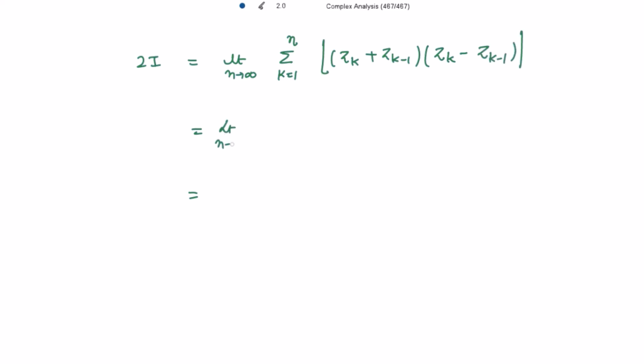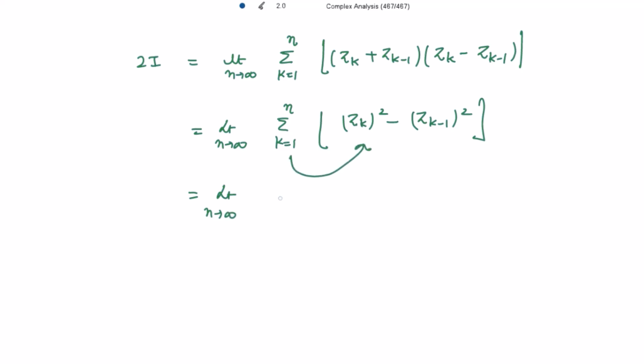So limit n tends to infinity, the summation k going from 1 to n, applying the formula a plus b into a minus b, that is a square minus b square, it is zk square minus zk minus 1 square. When we take the sum on this, we are getting zn whole square minus z naught whole square.